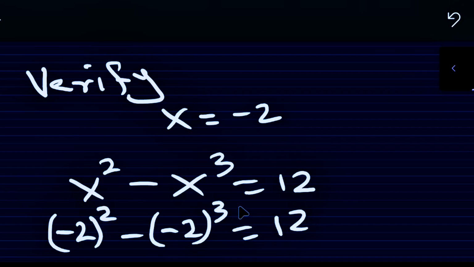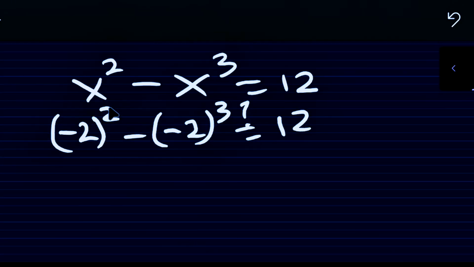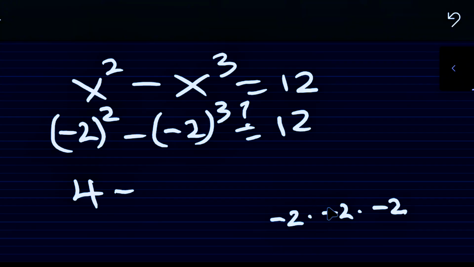We want to know if this will be equal to 12. So minus 2 squared is positive 4, then minus minus 2 cubed, let's check what that will be. It will be minus 2 times minus 2 times minus 2. Minus 2 times minus 2 is positive 4, and positive 4 times minus 2 will give us minus 8.